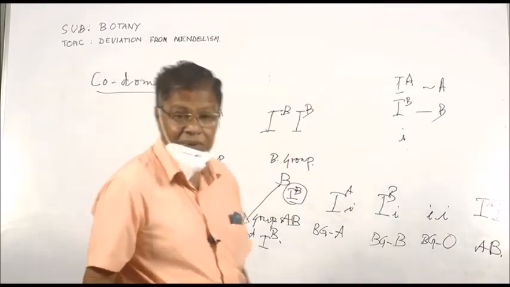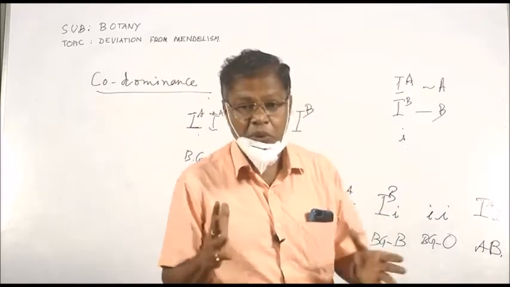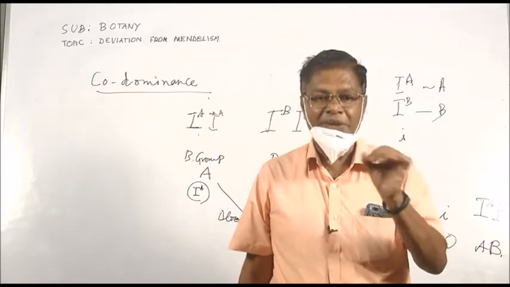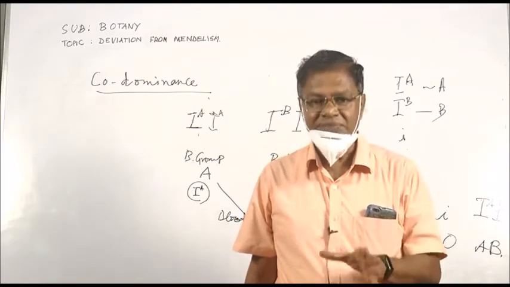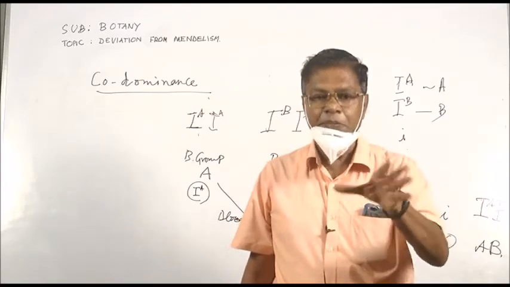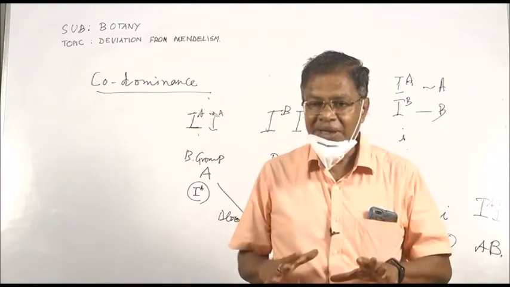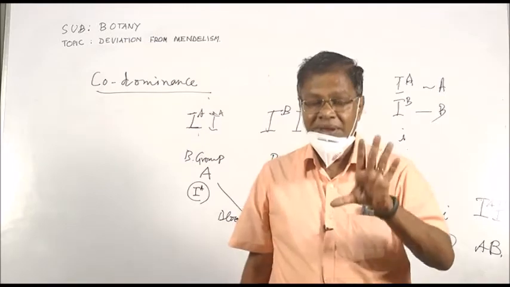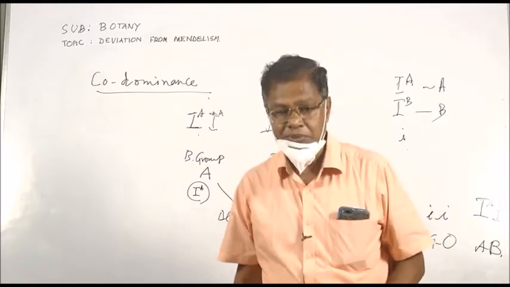Now, here I will give you my own example. My blood group is AB positive, that's a different issue. So I am having capital A gene and capital B gene. I am having AB blood group.